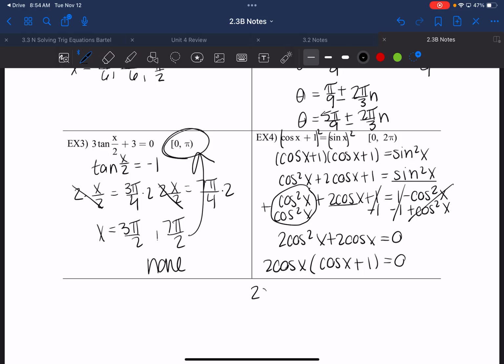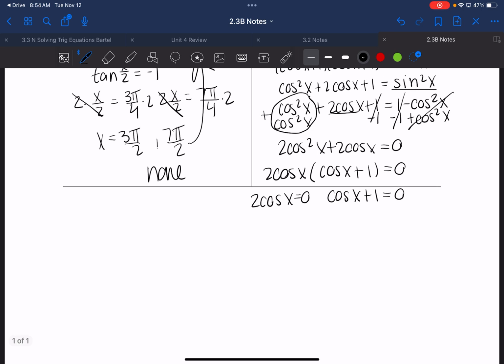So 2 cosine of x equals 0, and cosine of x plus 1 equals 0. For that first one, I divide by 2, but I still have a 0 over there.